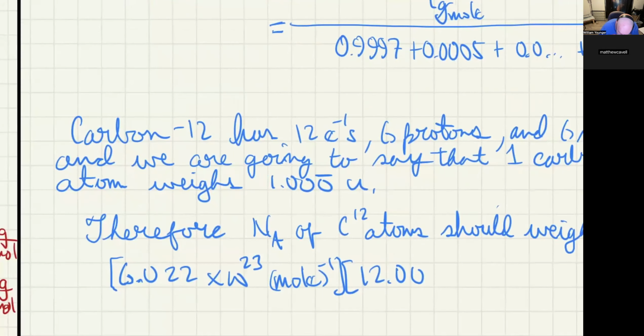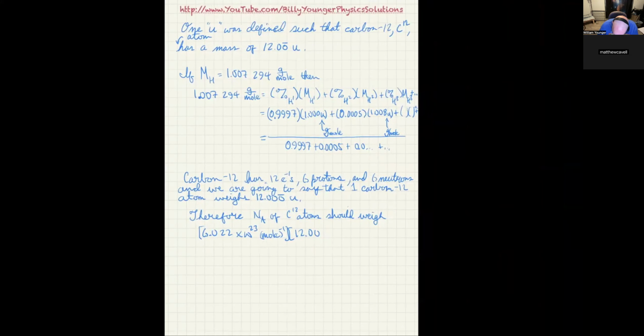I don't know why I wrote a 1 there. Hopefully you caught me on that. Okay, so since one atom's going to weigh 12, then Avogadro's number of atoms is going to weigh 12 times Avogadro's number.